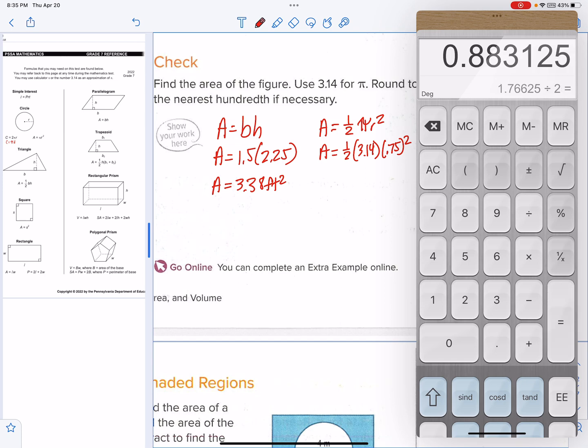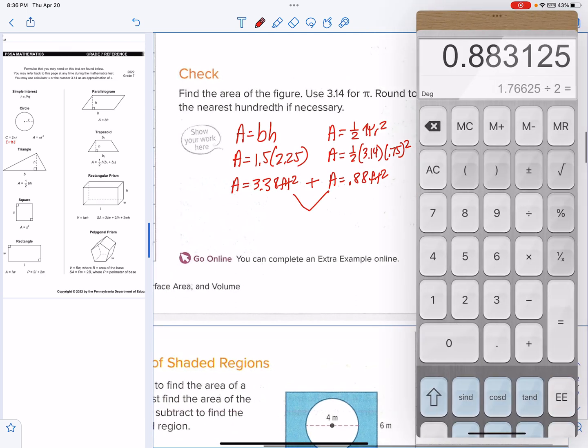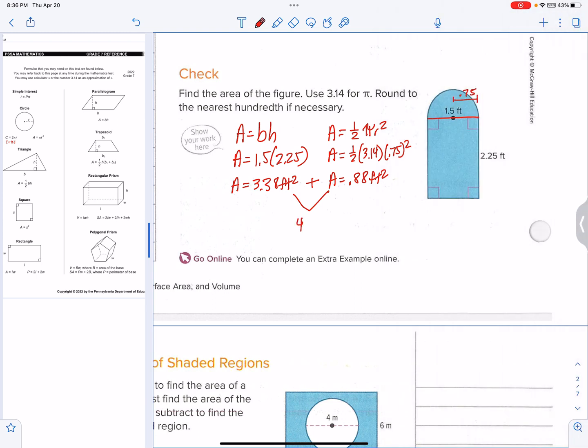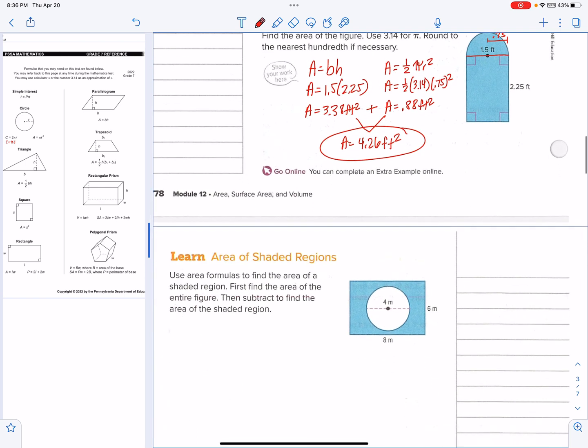And so I get 0.88, because we're rounding, 0.88 feet squared. Let's add those two shapes up, and we get 0.88 plus 3.38, and we have 4.26. So area of the whole thing is 4.26 feet squared. Circle my answer.